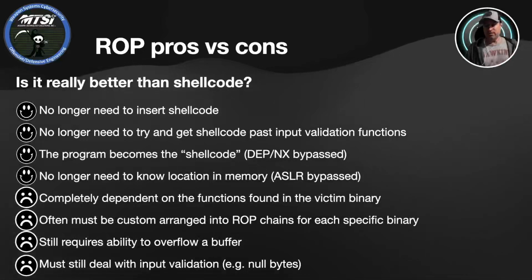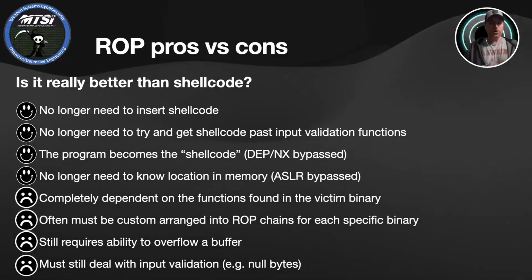So if you've got lots of good mitigations and code reviews and other things to prevent buffer overflows, this is a great way to stop ROP also. And like I said before, even with ROP, you still have to deal with input validation. Oftentimes things like null bytes, bytes of 0, can be an inhibitor to getting ROP chains fully through, just as they are with shellcode.